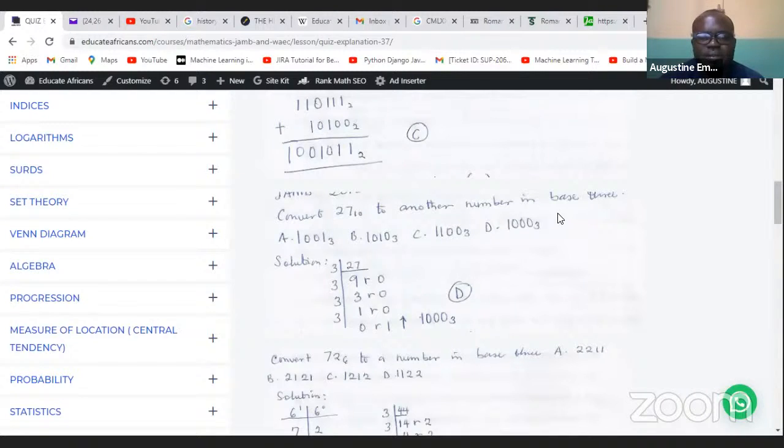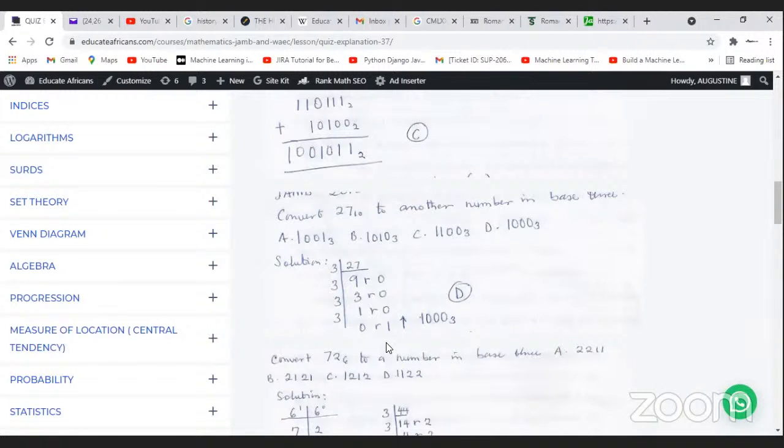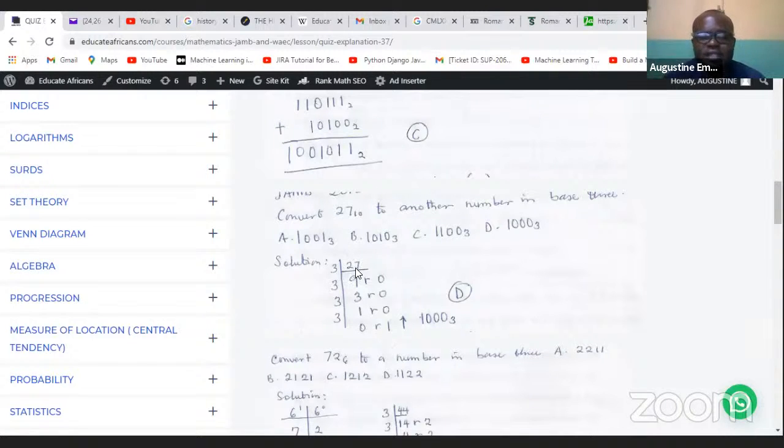So in converting to another number in base 3, you have to divide successively by 3. Then after dividing, you now collect from down upward. So whatever you have becomes your converted number.